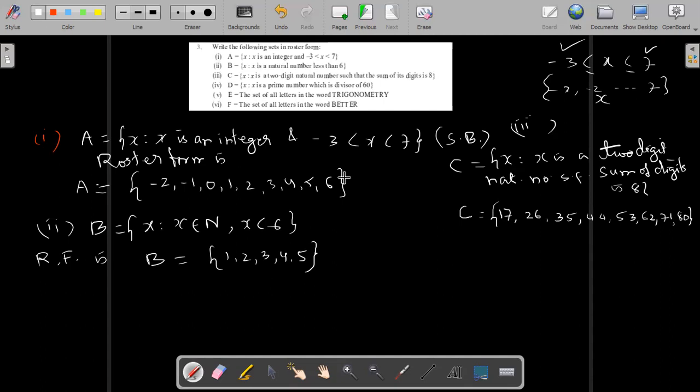And the fourth one, I'll just write the answer directly. The fourth one, D: x is a prime number which is a divisor of 60.